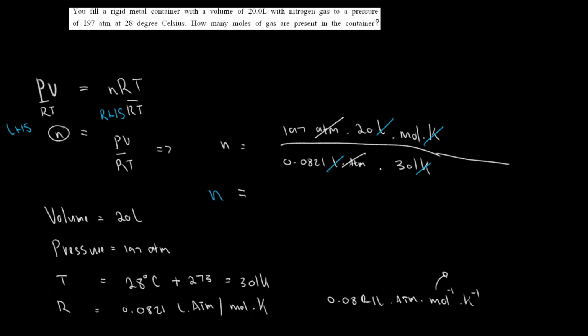So let's find a calculator. Luckily I got one here. 179 multiplied by 20 gives me 3,940. We're going to divide that by 0.0821 times 301.